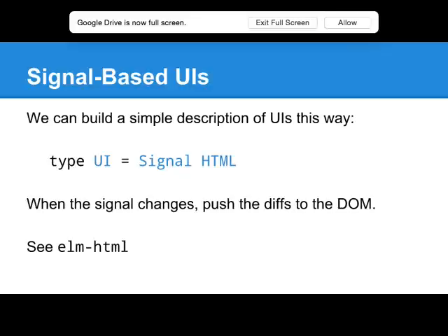The idea is that the DOM is changing over time, and we want our signal to represent that. Every time the signal changes, we want to take the diffs and use virtual DOM to stick them onto the screen. And this is, I think, very close to what Elm HTML does. I'm going to work in steps from here and try to show how we get to the signal function model. So see Elm HTML for an implementation of this style.